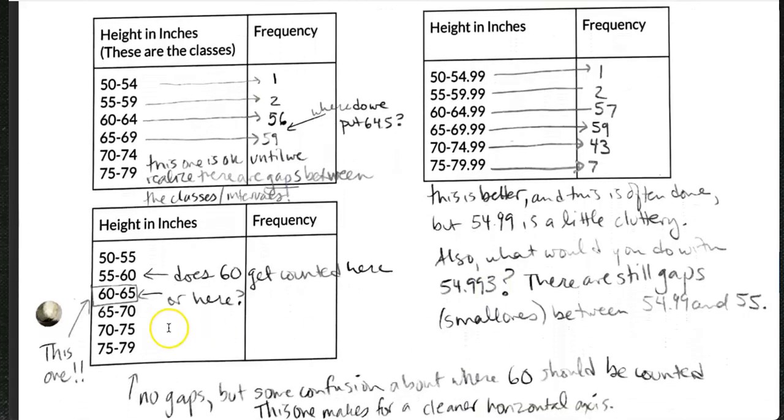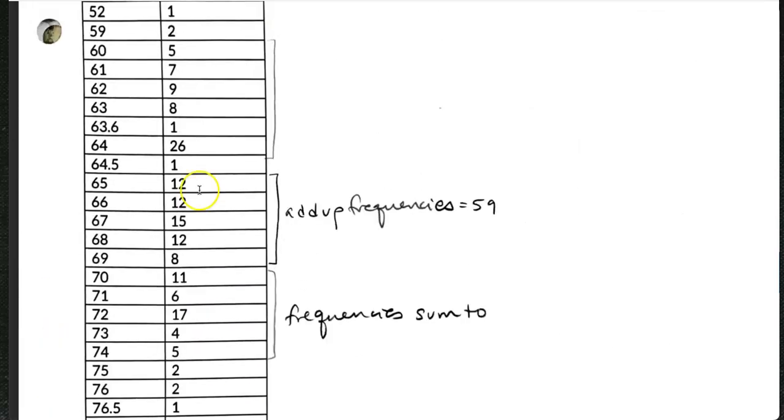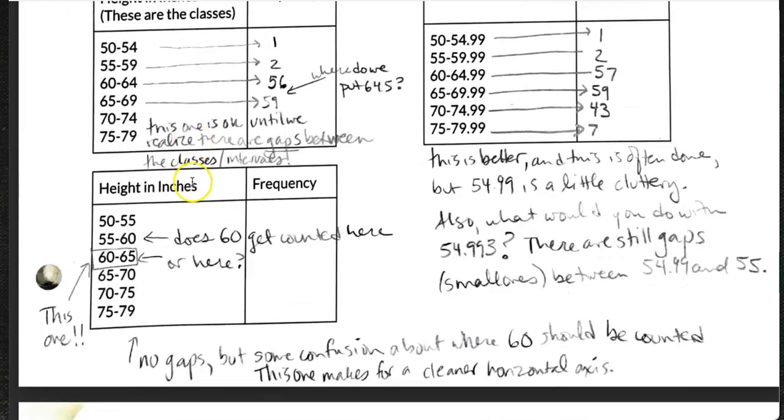So then I go to the following solution, which is just to say 50 to 55, 55 to 60, 60 to 65, etc. And this seems like it's going to solve the problem, except we're not sure whether 60 — there are 5 people who are 60 inches tall. Where should they go in this?